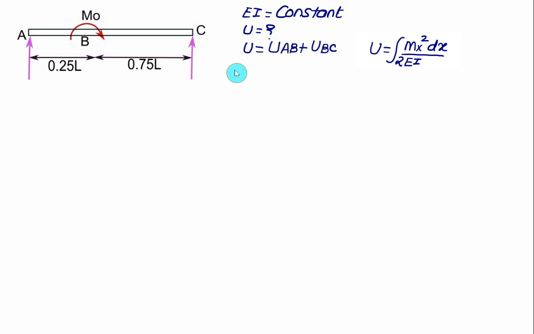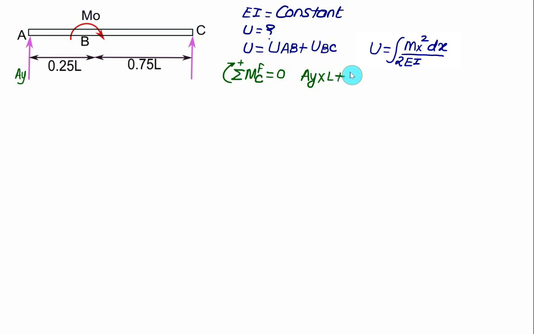So we'll take the sum of moments of all forces about C, with clockwise moment positive, equal to 0. The moment of Ay about point C will be clockwise, so we have Ay, with perpendicular distance L (0.25 L plus 0.75 L is L), plus M0.